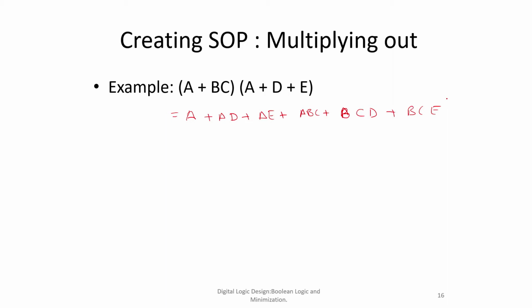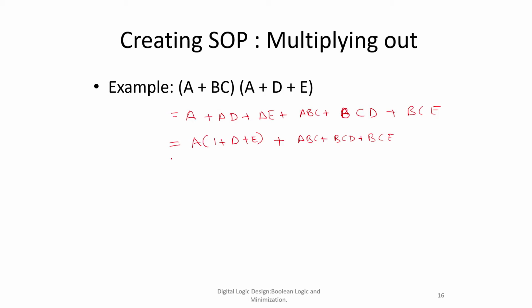Now, because the purpose is not just multiplying out, but also to create a better, simplified form, here I can take A as common, and I can say 1 plus D plus E, correct, plus here I think I cannot take anything better. So ABC plus BCD plus BCE.